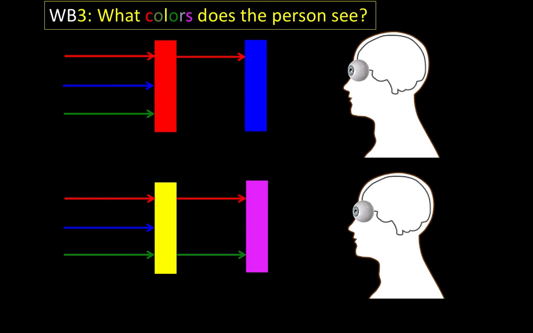Down at the bottom, the yellow filter, which is a combination of red and green, lets red and green light pass and absorbs the blue. And then the red and green runs into a magenta filter, which absorbs green and lets the red pass. So the person at top sees nothing, the person at the bottom sees red.